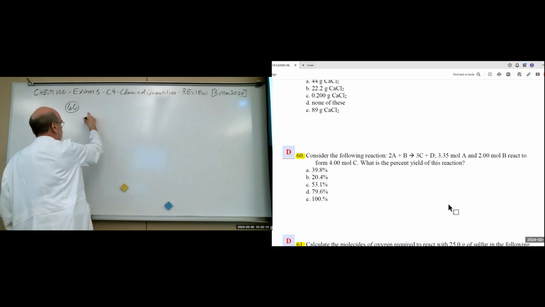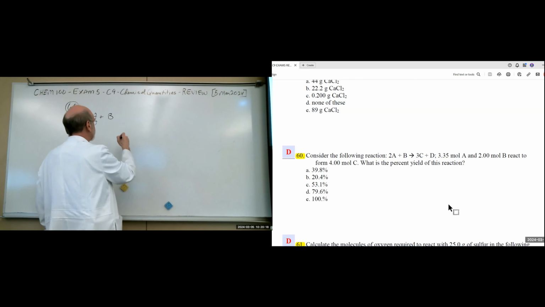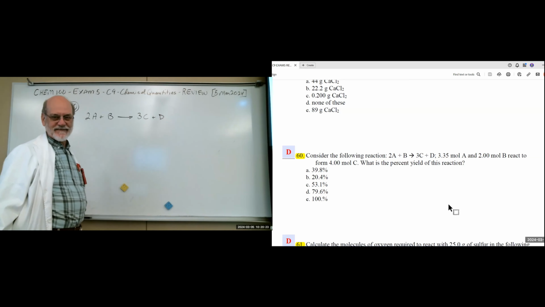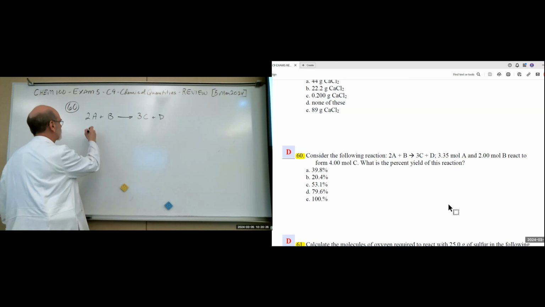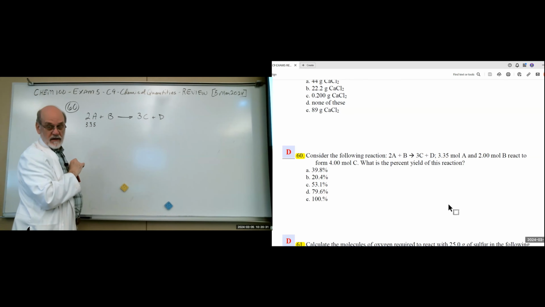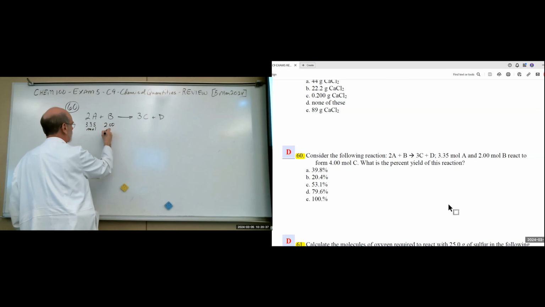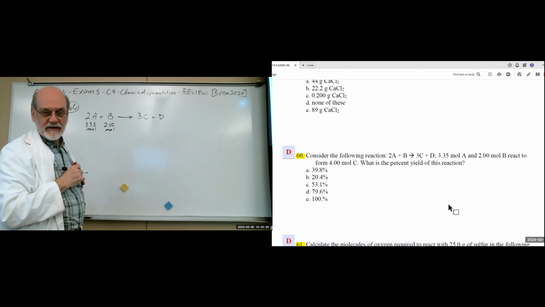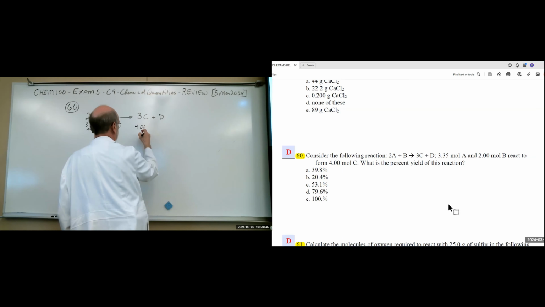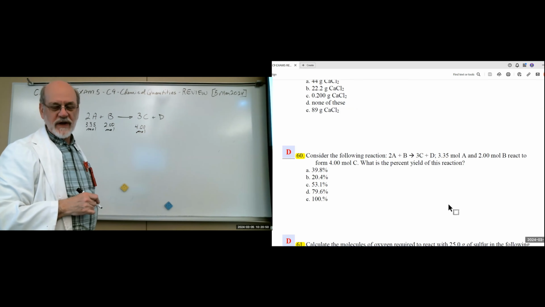We have 2 A's plus a B that yields 3 C's and a D. 3.35 moles of A and 2 moles of B react to form 4 moles of C. What's the percent yield of this reaction?